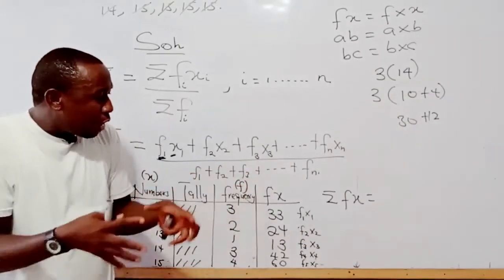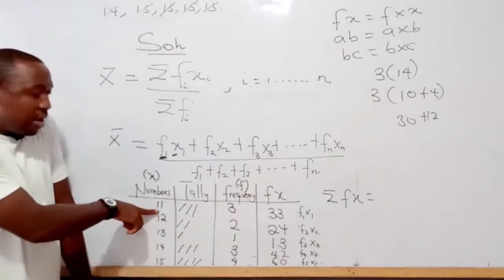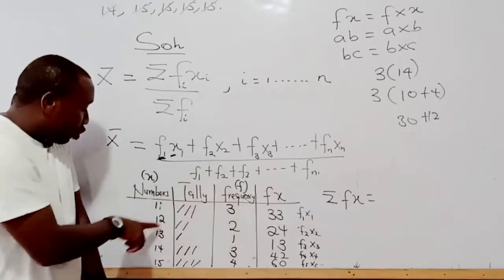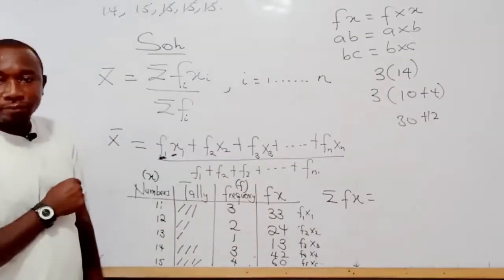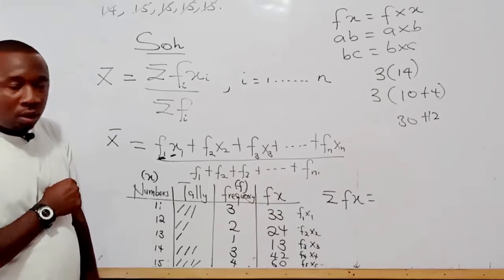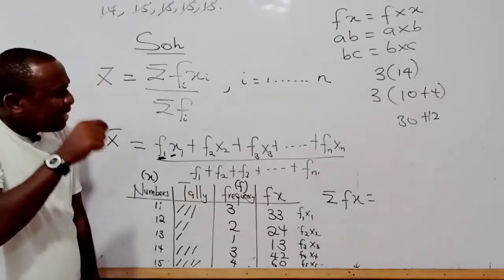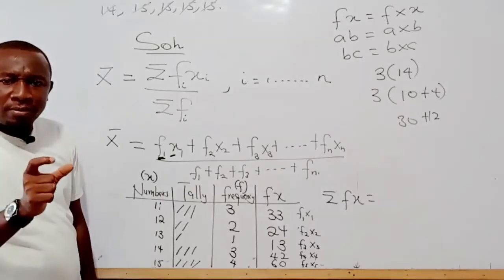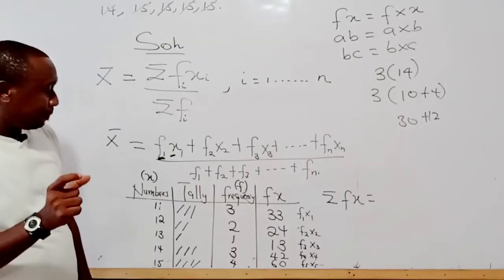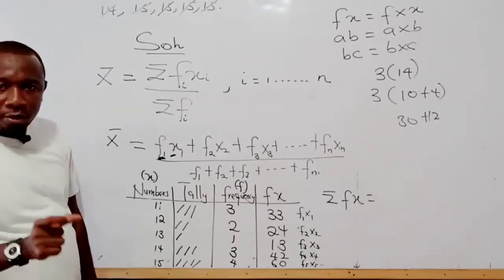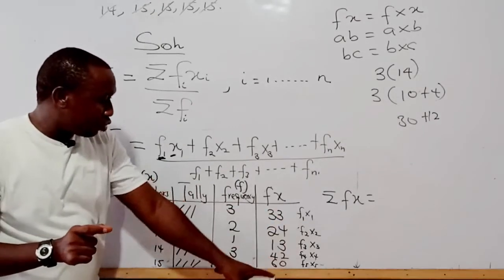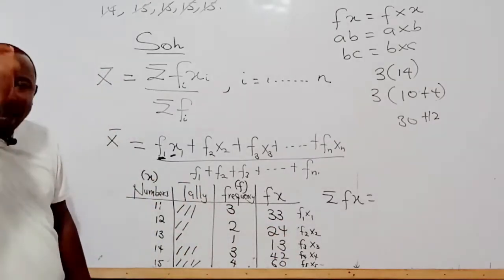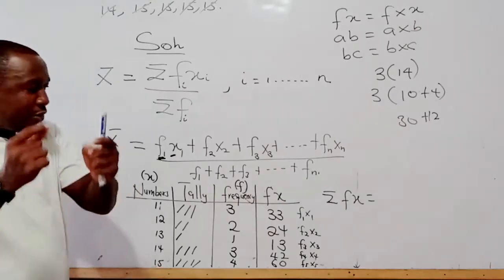When you add all of them, each observation here appears with a frequency. Here we are dealing with 5 different observations, but they repeated themselves, and each of them occurred with its own frequency.